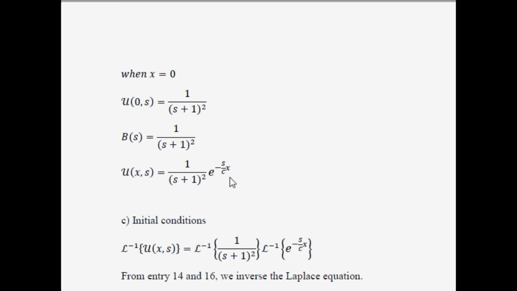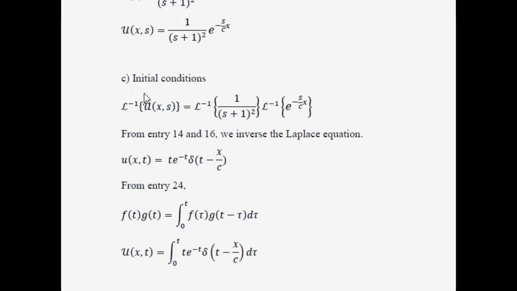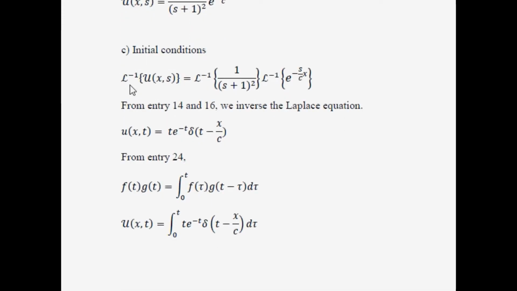times e to the power of negative s over c x. For question C, initial conditions, we Laplace inverse all of this, and from entry 14 and 16 we inverse the Laplace equation here. So we got u(x,t) equals t e to the power of negative t delta(t minus x over c).